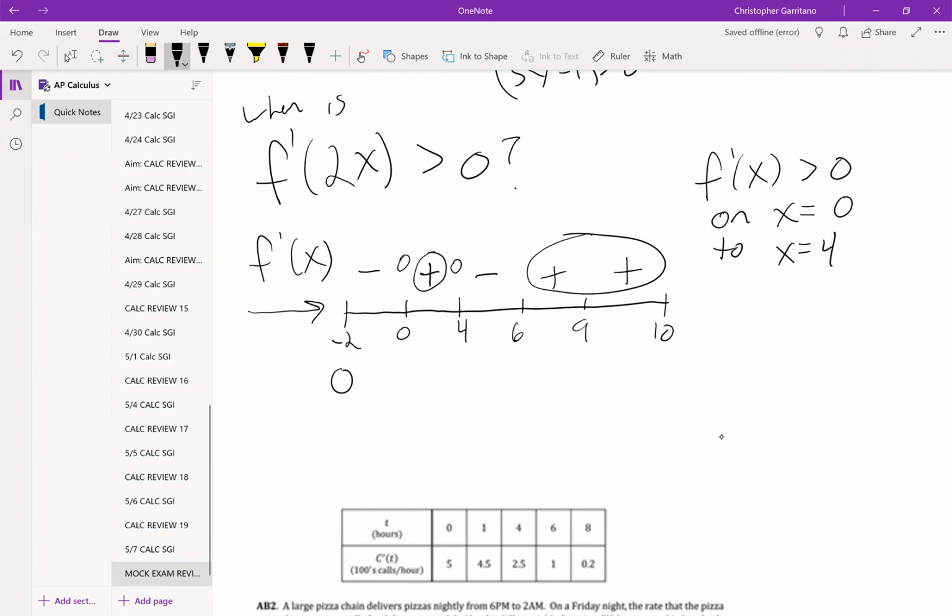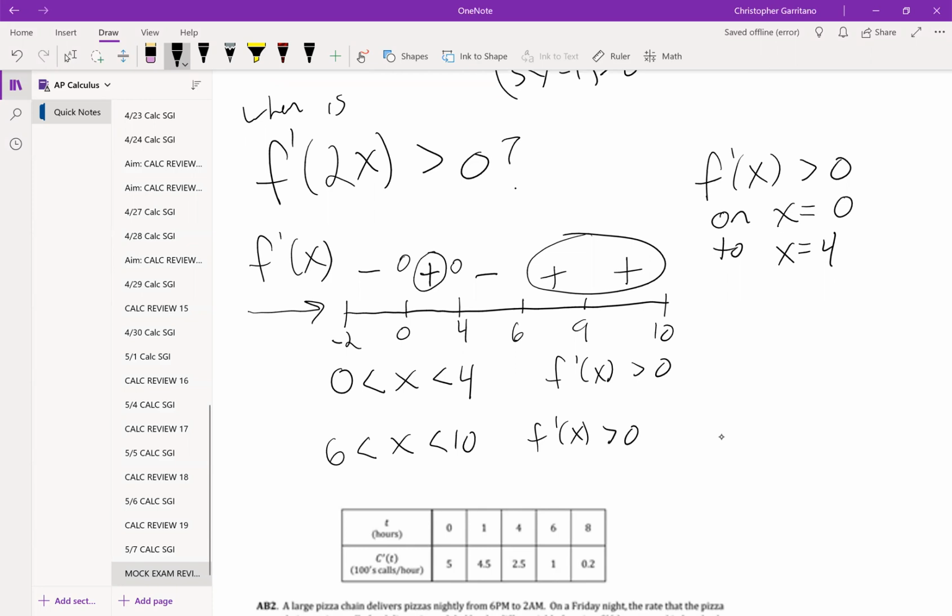We know that with x between 0 and 4, we have f prime being positive. And with x between 6 and 10, we have f prime of x being positive.